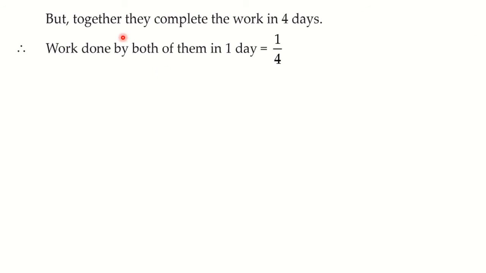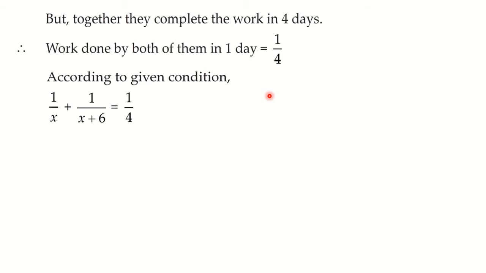Okay. So together they are completing the work in 4 days, and therefore the work done by both of them in one day is 1/4. As I have said, the previous addition is equal to 1/4. So according to the given condition, we can write 1/x plus 1/(x+6) is equal to 1/4.